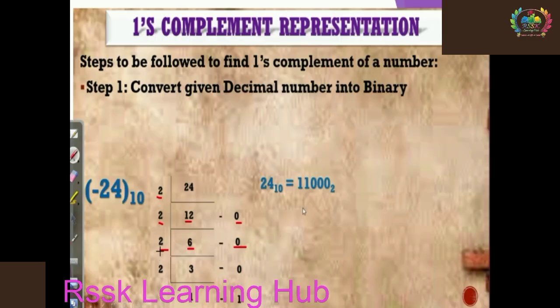Again by 2, 2 3s are 6, balance is 0. 2 into 1 is 2, balance is 1. Now how do you write this output? Like this indication you have to write it, from down to up. So 1 will come first, again 1, then 0, 0, then 0.